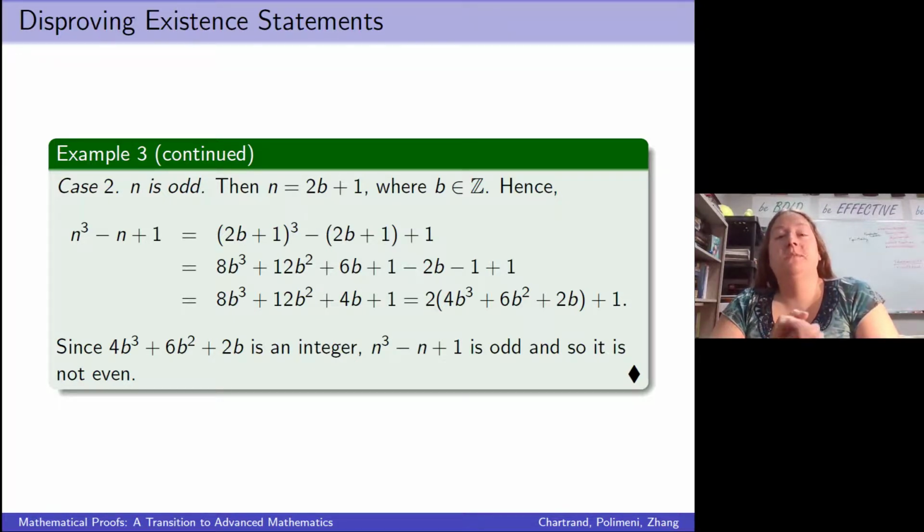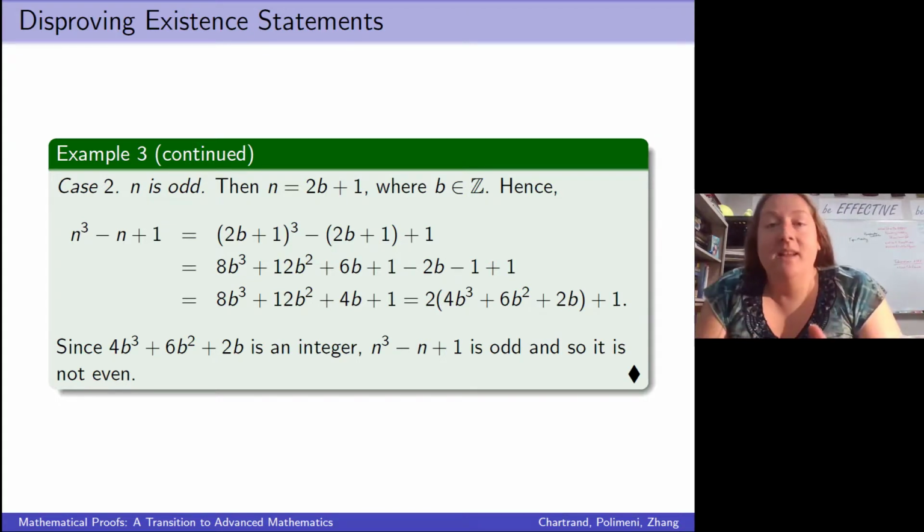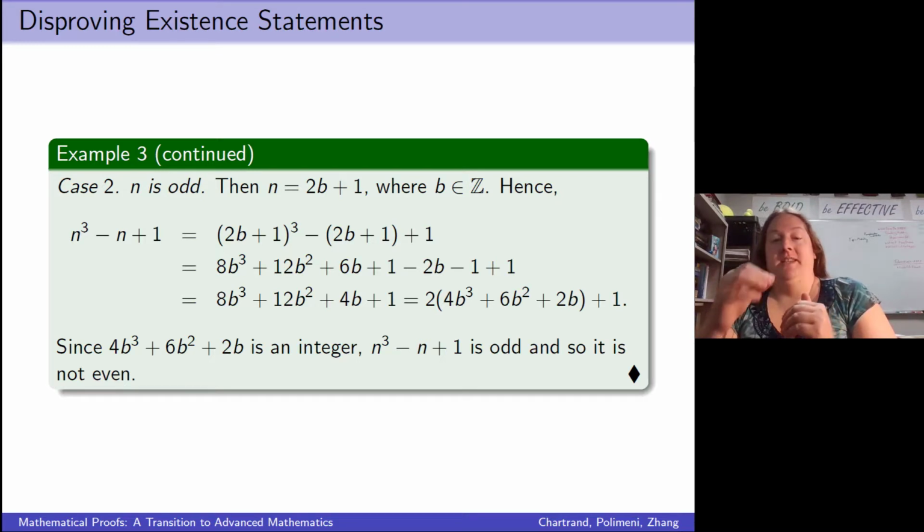Now 4b cubed plus 6b squared plus 2b is an integer, so by the definition of odd, n cubed minus n plus 1 is odd. Therefore, since both of these cases turned out that n cubed minus n plus 1 was odd, then for all integers n cubed minus n plus 1 is odd. And I've disproved the existence statement.